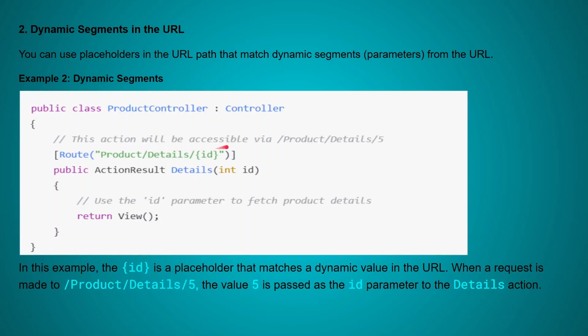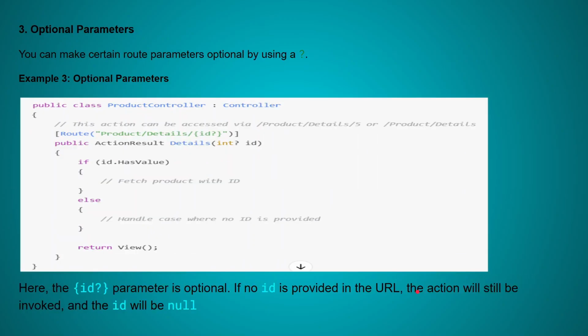The action will be accessible via product/details/5. So use the id parameter to fetch product details here. In this example, the id is a placeholder that matches a dynamic value in the URL. When a request is made to product/details/5, the value 5 is passed as the id parameter to the Details action.